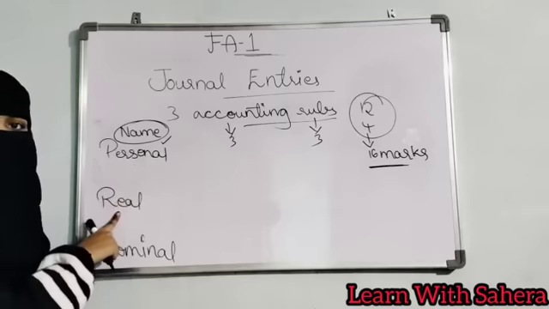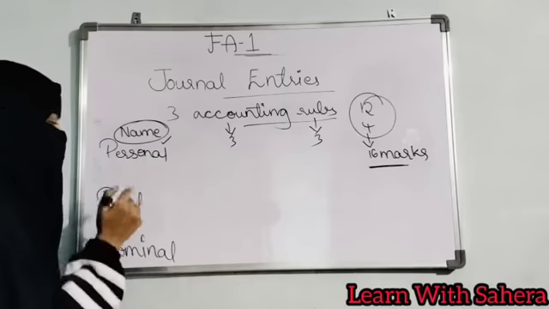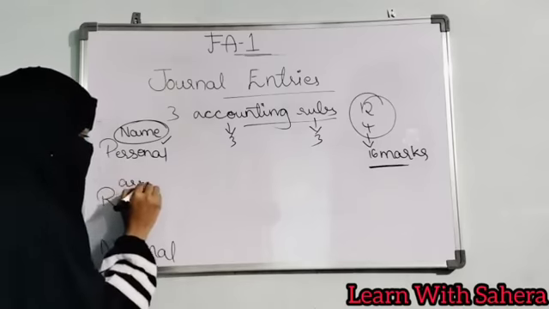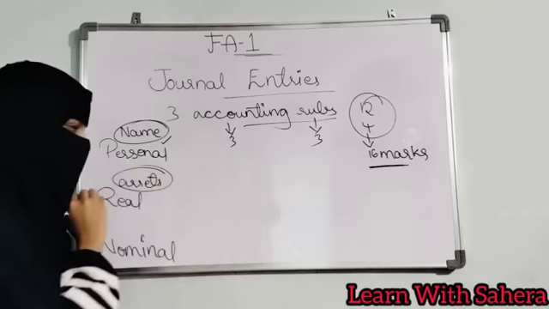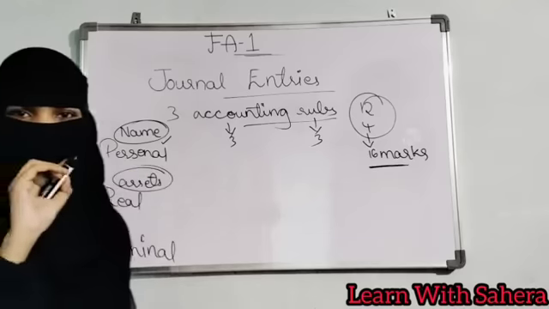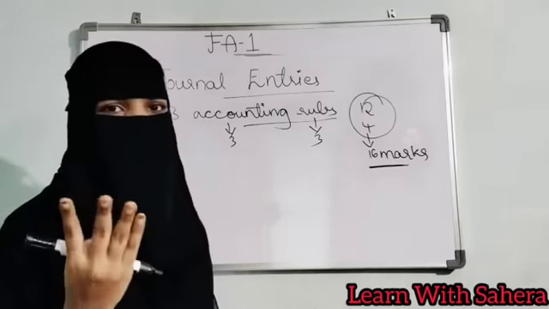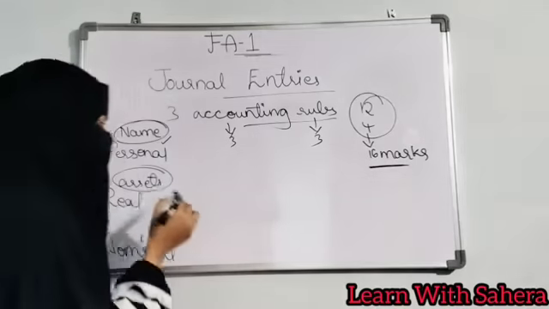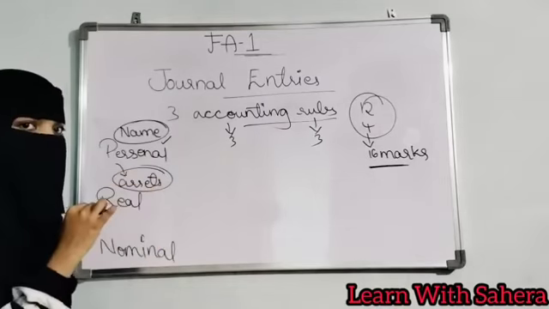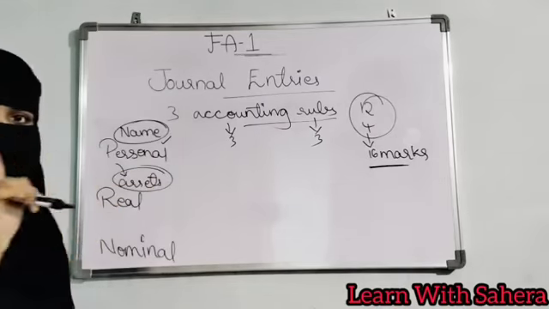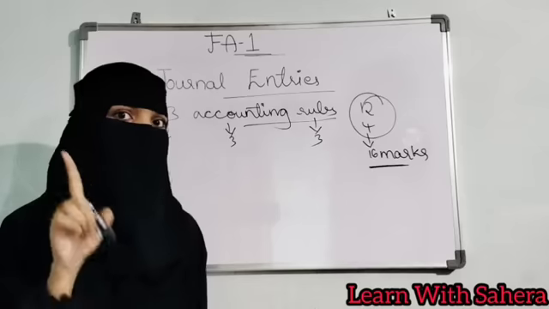Then we have the real account. Children, real account is nothing but assets. Property. If you see any asset like plant, machinery, machine, land, any property, then that will come under real account, children. Yes, we will see assets and liabilities in the balance sheet.